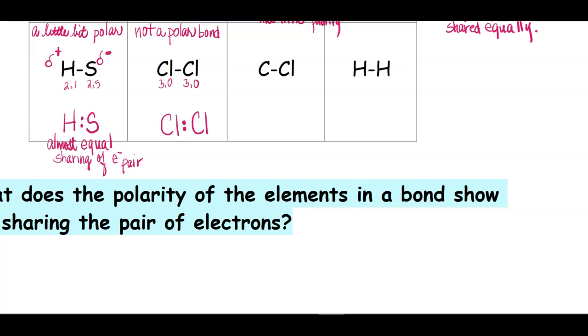All right, these guys share the electron pair equally. Does that make sense to you?